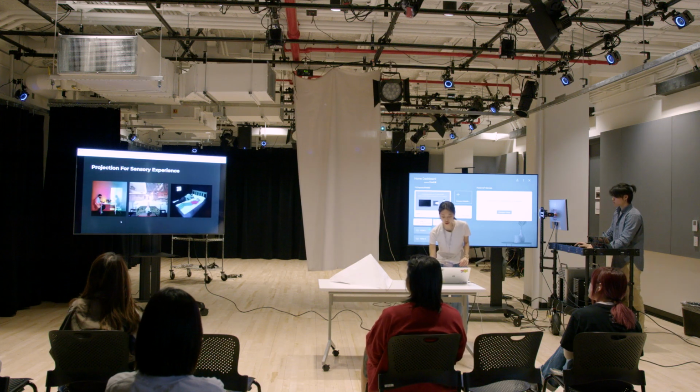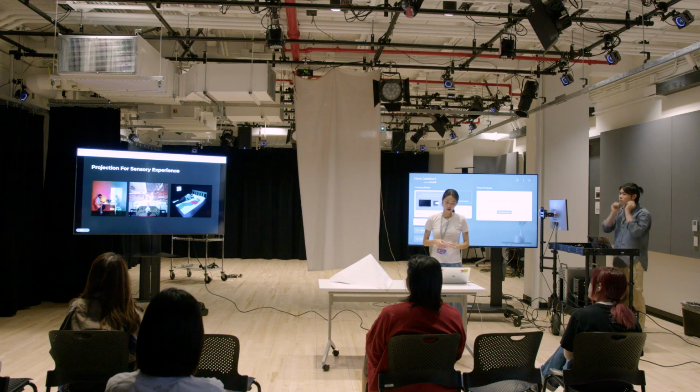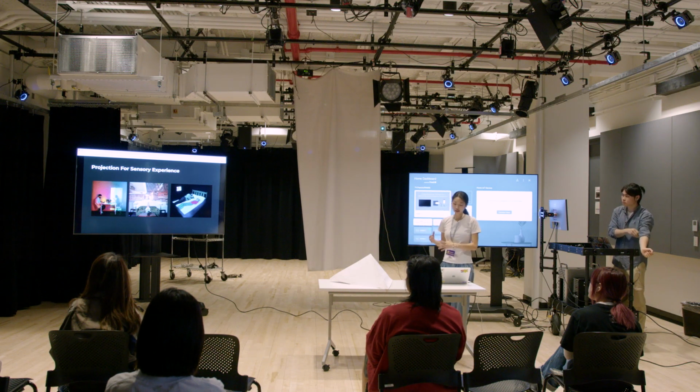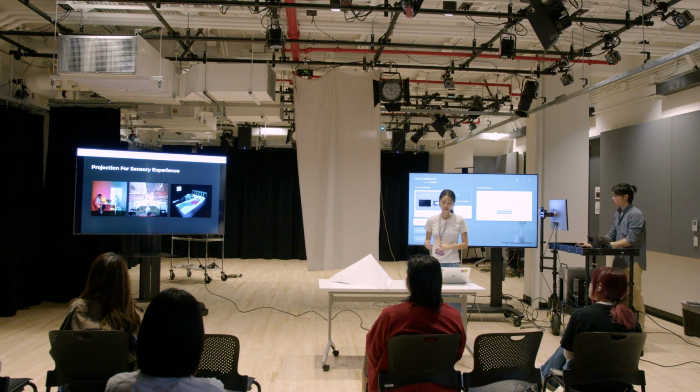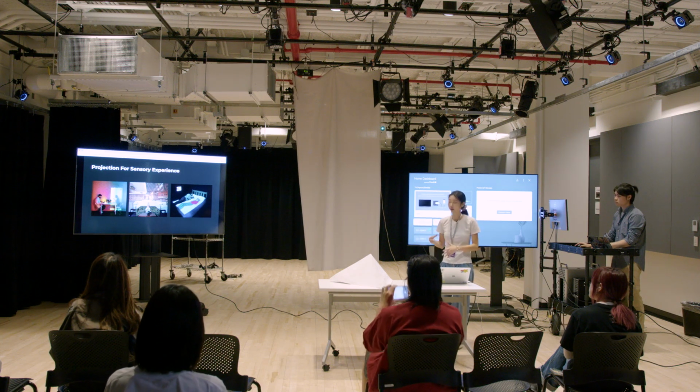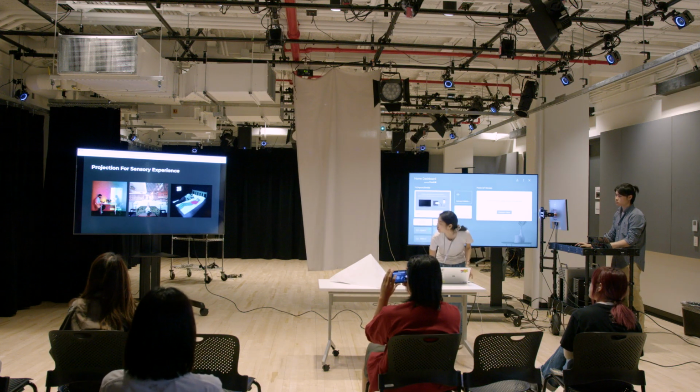And projection mapping can also be used as a sensory experience. By combining visuals with sound, space, and touch, projection mapping can create immersive environments that make people engage multiple senses.